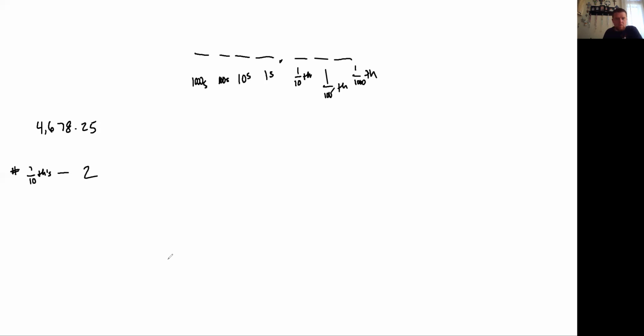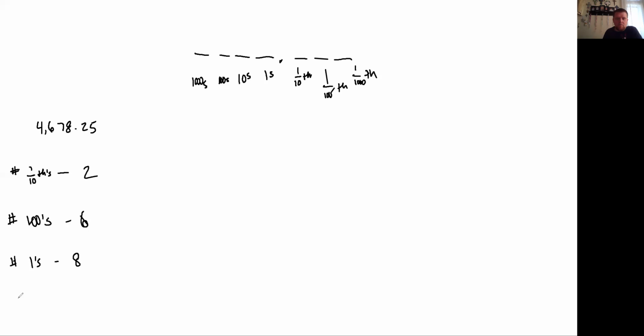Might ask you, what number is in the hundreds place? 4, 6, 7, 8, 2, 5, looking at this diagram. 6 is in the hundreds place. Might ask you what number is in the ones place. In this case, it is 8.